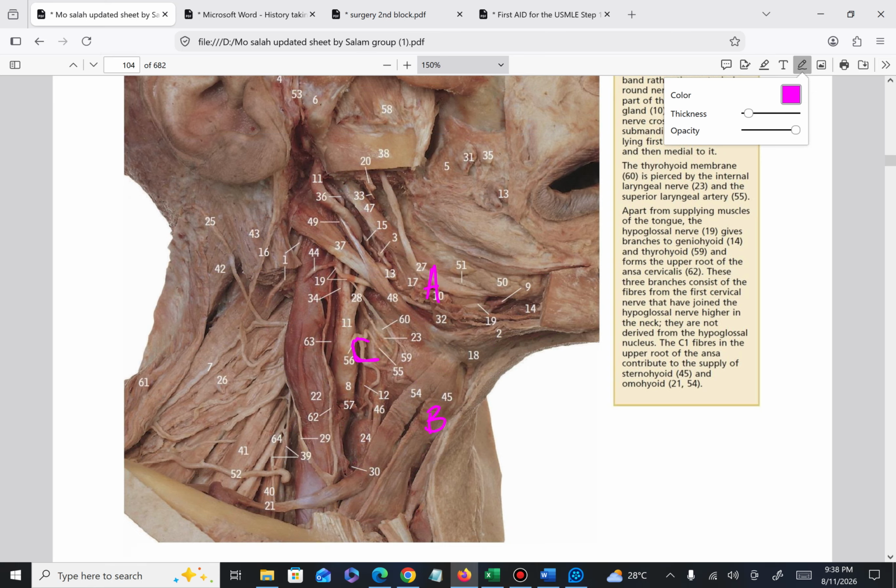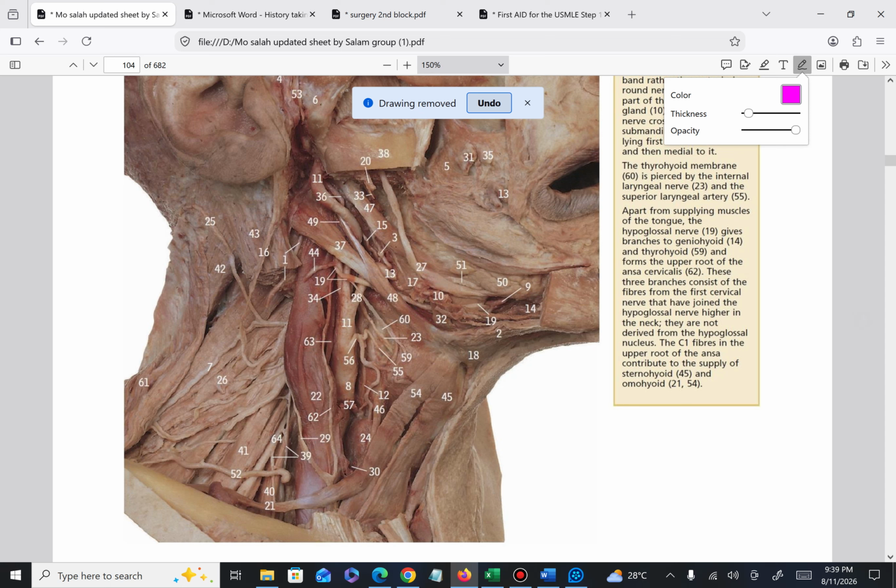Boundaries of the submandibular triangle: superiorly is the ramus of the mandible, anteriorly is the anterior belly of the digastric muscle, and posteriorly is the posterior belly of the digastric muscle. So this is the submandibular triangle.